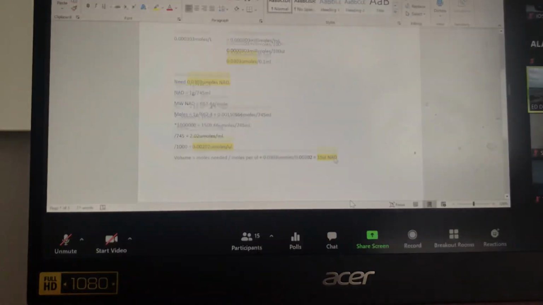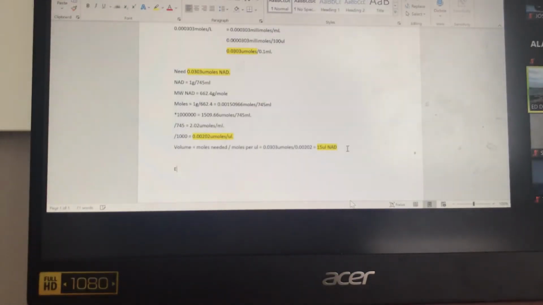Okay, so with the enzyme then, we have 1.1 unit of enzyme dissolved in 1.5 milliliters, or 1500 microliters, how I like to think about it, of water. Okay, and we know that 7 units of enzyme converts 1 micromole per minute.